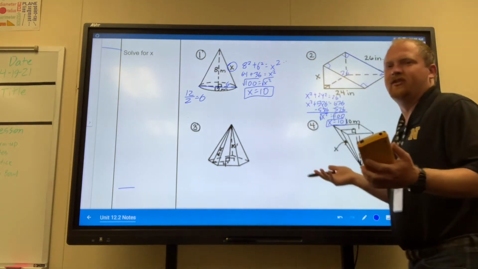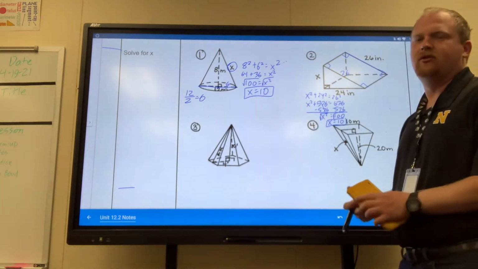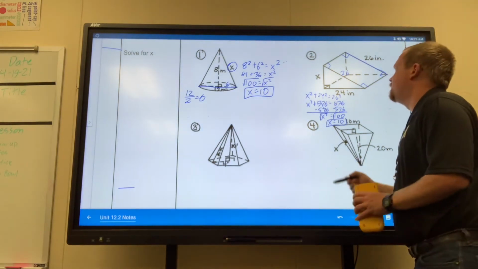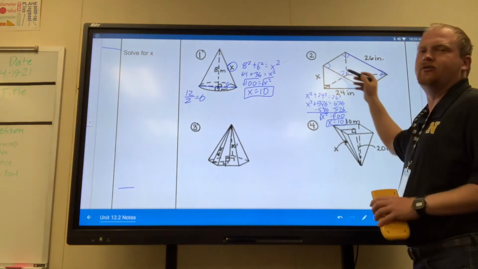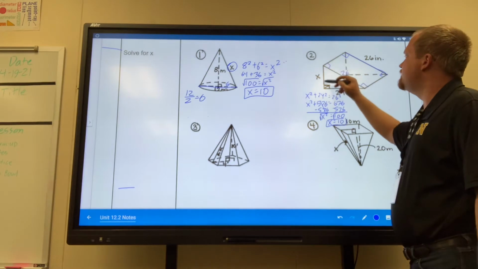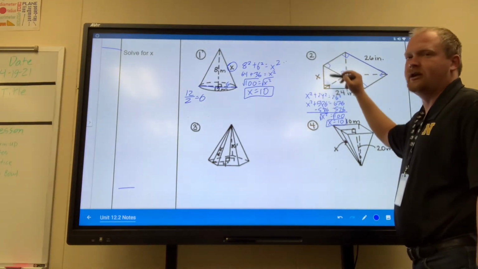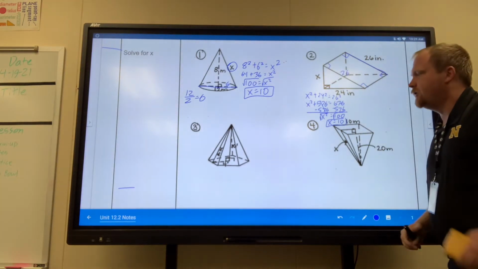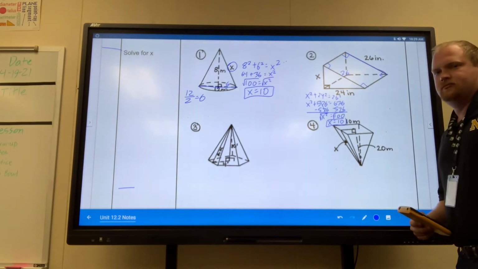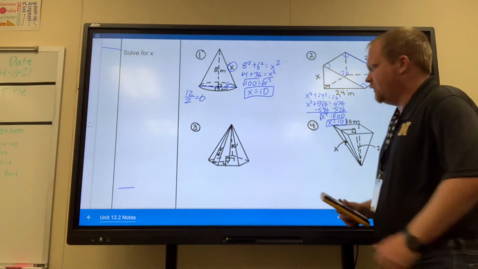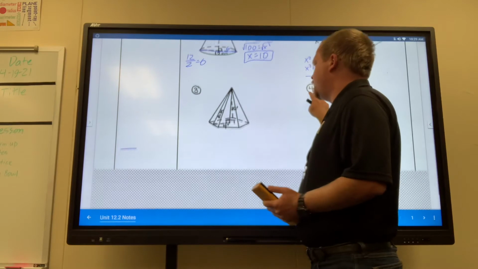So it's just a coincidence that the two problems have the same numbers. But this time around, we have the hypotenuse for that base. We just need to be able to find the length of the legs. Next, I want to look at number 3.